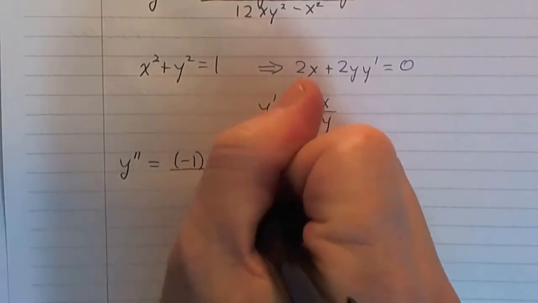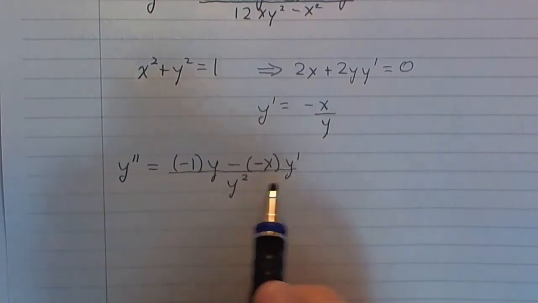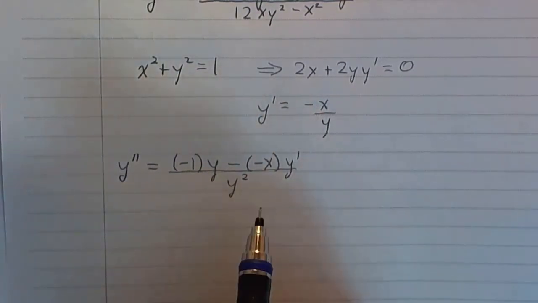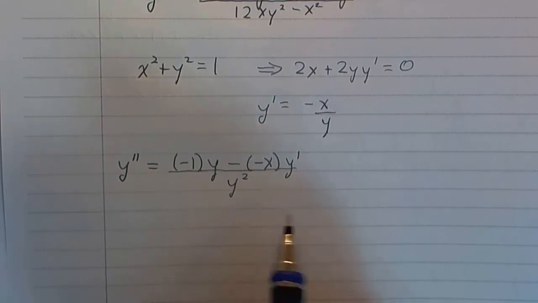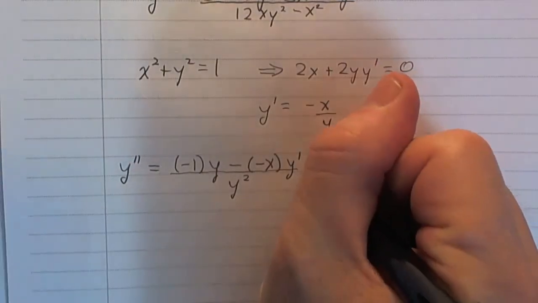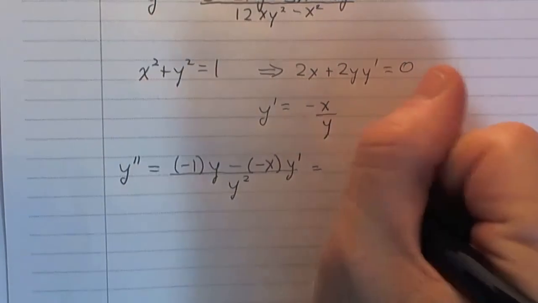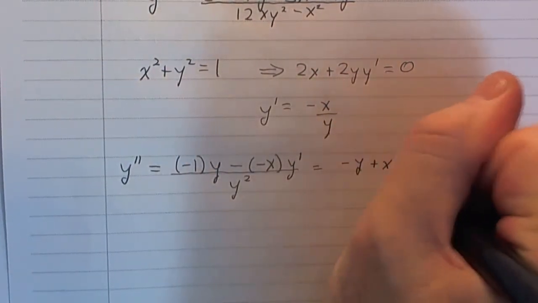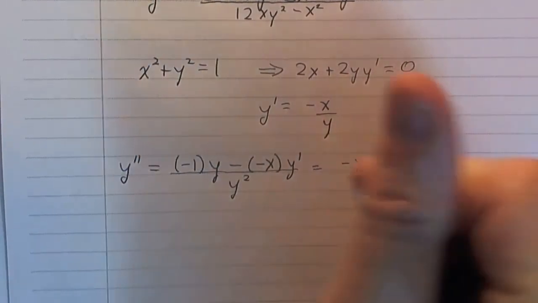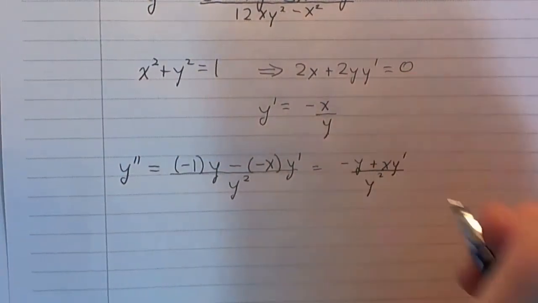And in this case, I just carried my negative along with the x. Okay, now let's see what we've got here. We've got negative y plus xy prime over y squared.